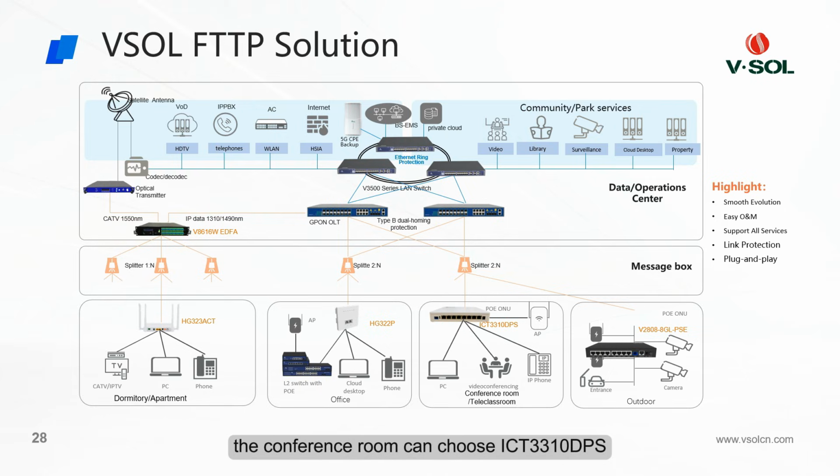The conference room can choose ICT3310PS, which can provide network for computers, use IP phones, and connect to wireless AP for network coverage. V2808-8GLPSA can be connected outdoors, and outdoor cameras do not need to be connected to a power source. Power is provided through Ethernet cables, ensuring safety and cost savings.